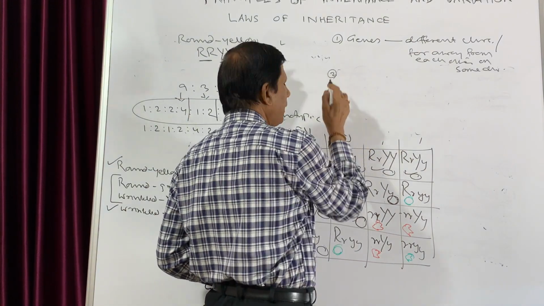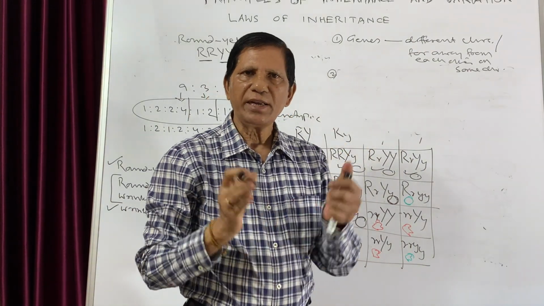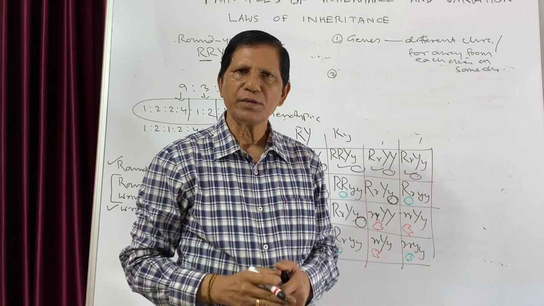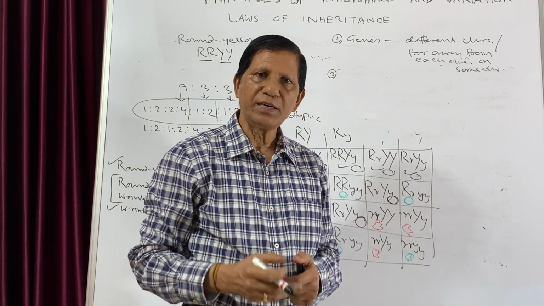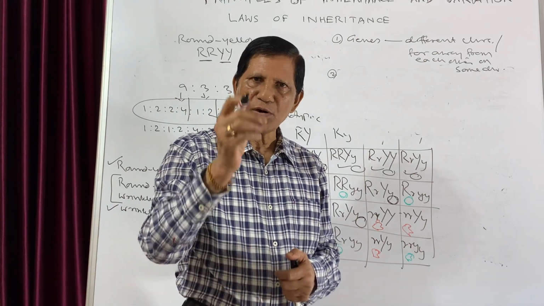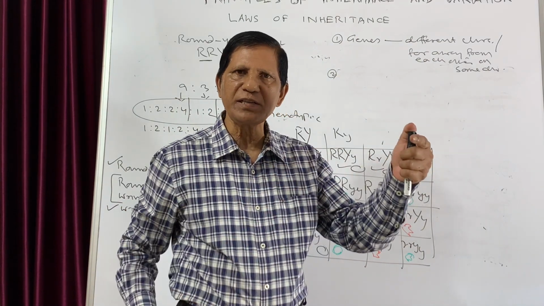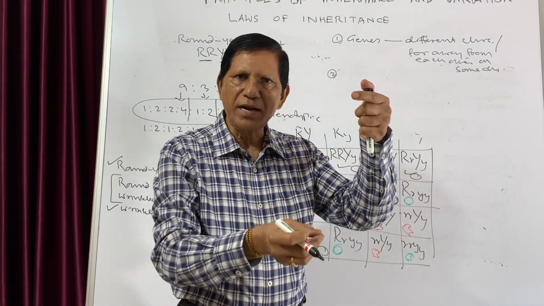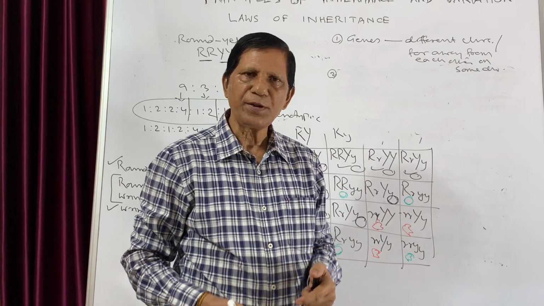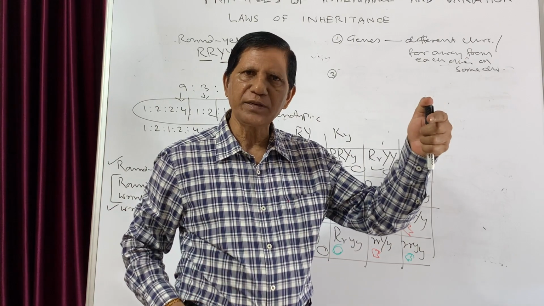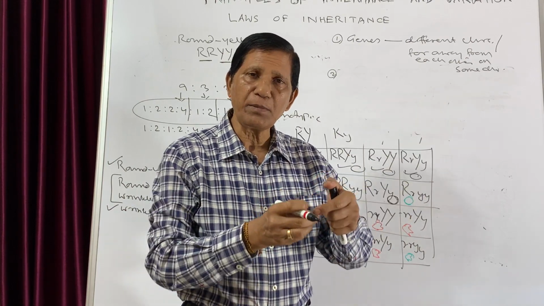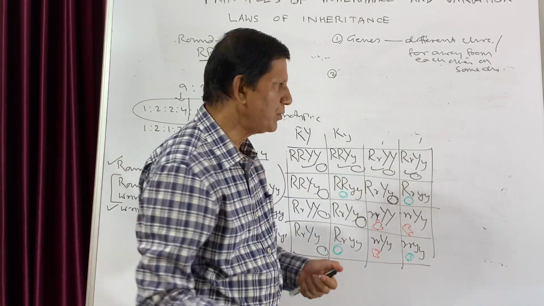The second important point is, in a chromosome there is not a single gene. Hundreds of genes are present in a chromosome. And during inheritance, during meiosis, the entire chromosome passes from the parents to the offspring. That means whatever number of genes are present in a chromosome, all of them are inherited together. That is known as a linkage group.